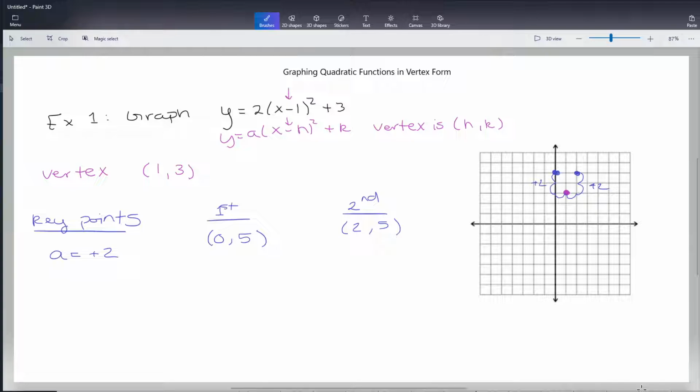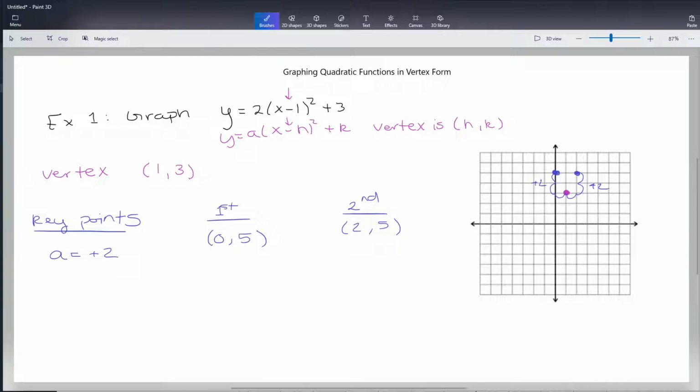So you're going left 1 for the first key point, and then up A, up because it's positive, and always A. That gives me the point 0, 5. For my second key point, I'm going to the right 1. That's what's giving me the 2. And then I'm going up 2 because of A. So that's what's giving me the 5.